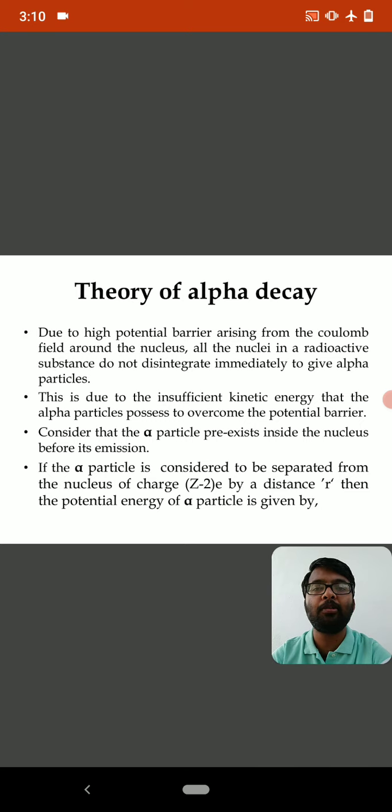If the alpha particle is considered to be separated from the nucleus of charge (Z-2)e, because the atomic number is reduced by 2 units with the emission of one alpha particle, by a distance r, then the potential energy or the height of the potential barrier for the alpha particle to come out of the nucleus is given by Coulomb's law.